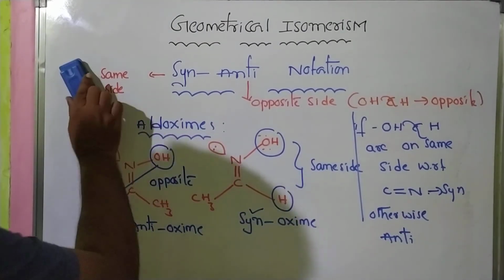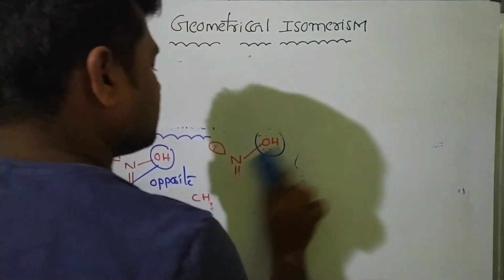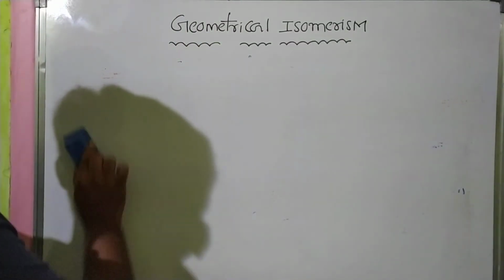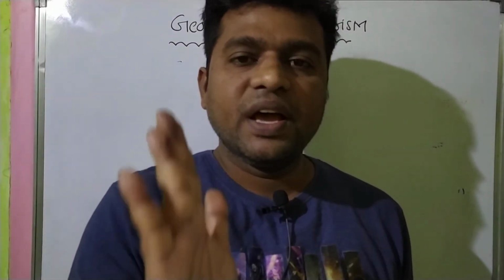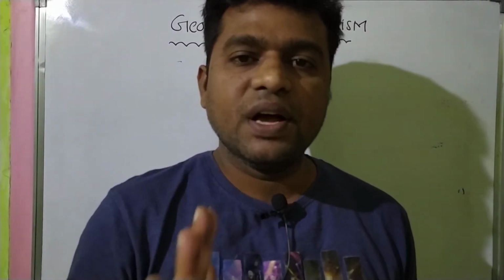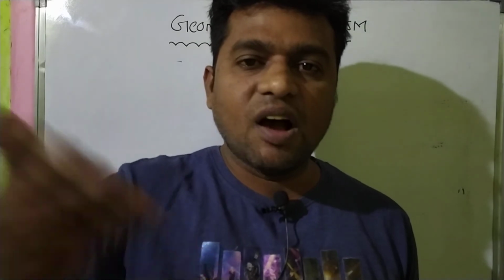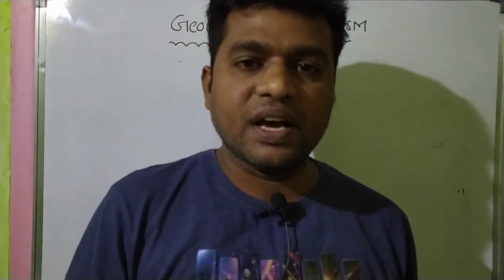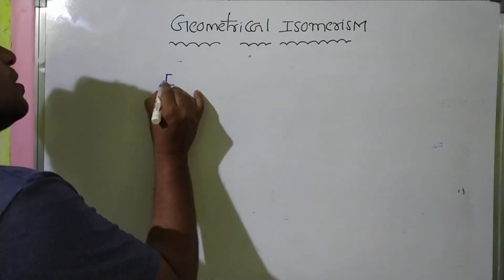Okay, students? I think you understood. Syn oxime means the hydrogen atom and the hydroxyl group are present on one side with respect to the carbon nitrogen double bond. Anti-oxime means they are present exactly on opposite sides with respect to the carbon nitrogen double bond.